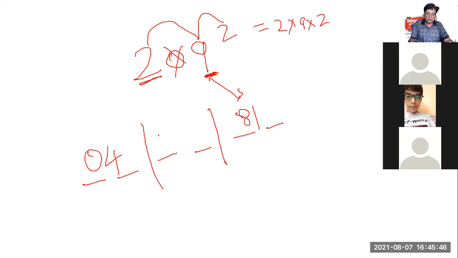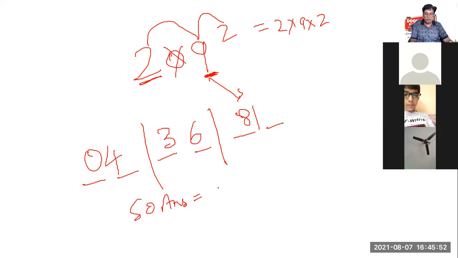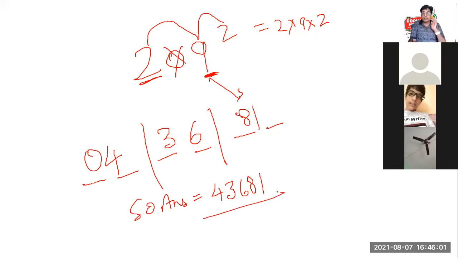That is 36. So the answer will be 4, 3, 6, 8, 1. The method which I have told you will be applied in 3 digits also.